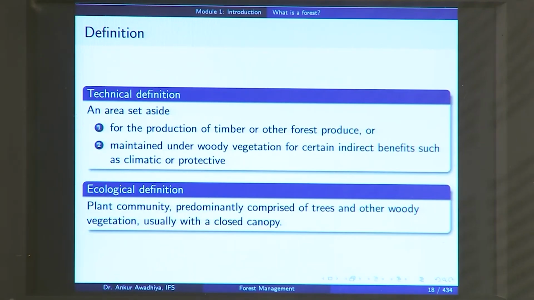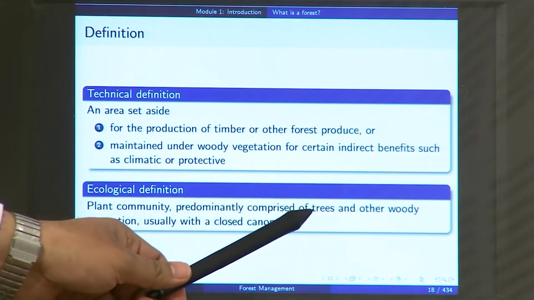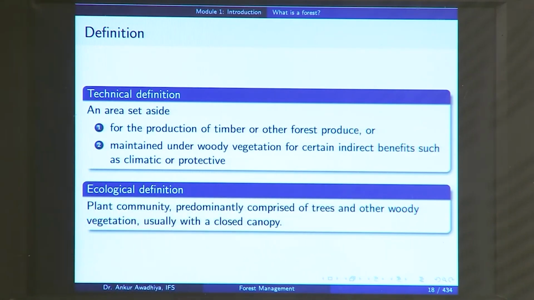Now, when we say that it is a plant community, we are emphasizing that we have plants of different species, otherwise we would have called it a plant population. So, you have a plant community comprising several different species, and this community is predominantly comprised of trees and other woody vegetation.